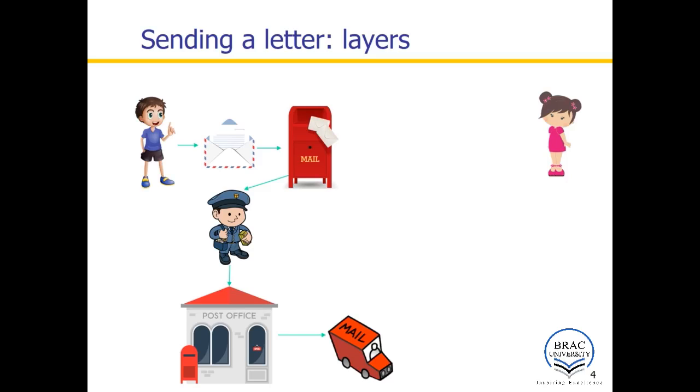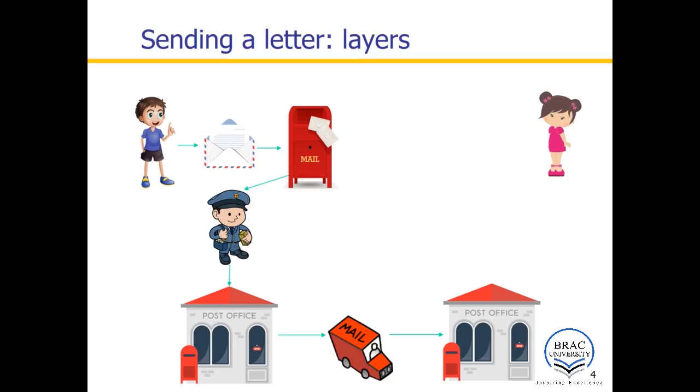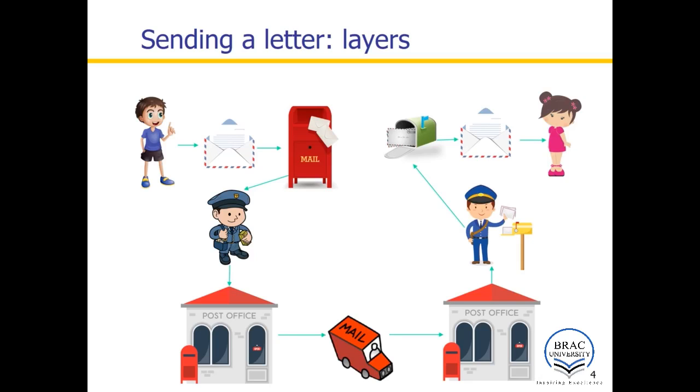From the post office, the letter will be carried using a mail truck, or it can be a bicycle or any mode of transportation that the post office has, to send the letter to the post office that belongs to the city where the girl resides. From there, a postman will be given the letter, who will deliver it to the mailbox of the girl. From the mailbox, the girl will receive the letter and she can read it after opening the envelope.